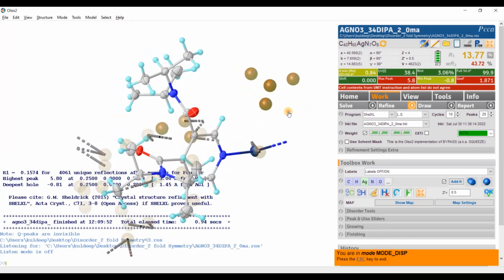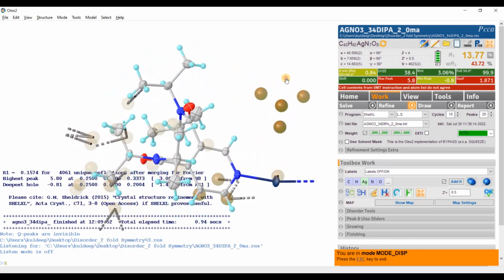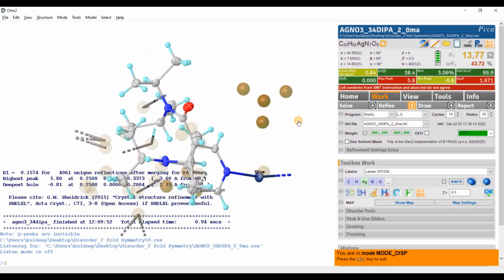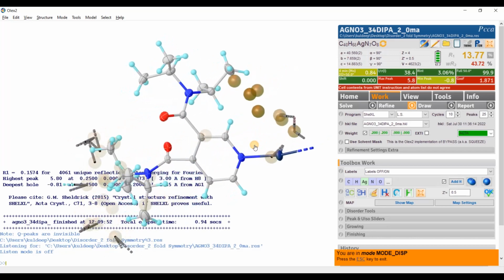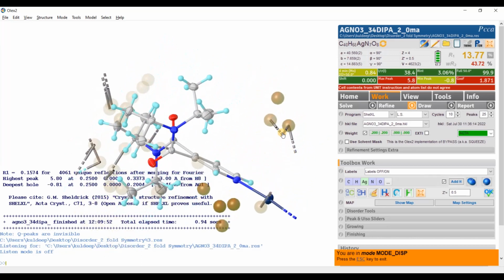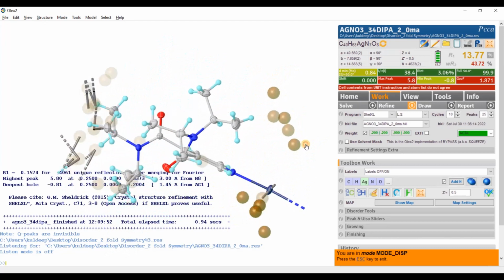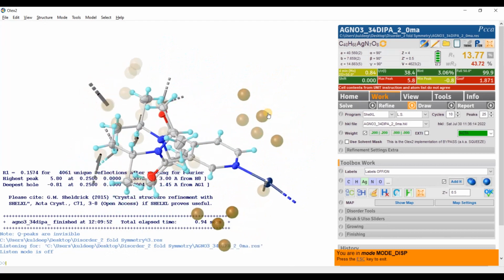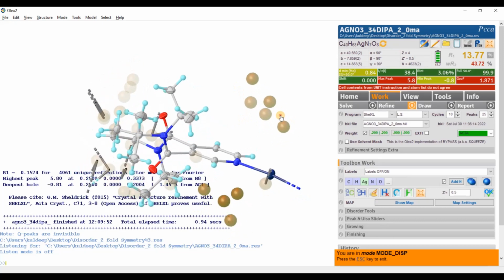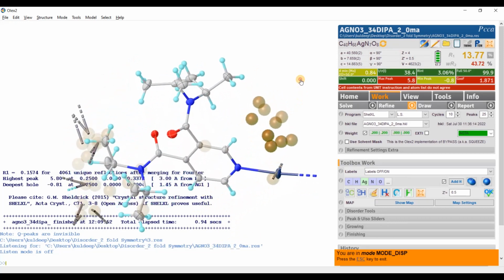Then there is a formation of some nitrate-like moiety here. So I am expecting this should be a nitrate molecule. And here again there is some growth, and when I press it, I am getting some strange peaks here which are not forming any known type of molecule or moiety.